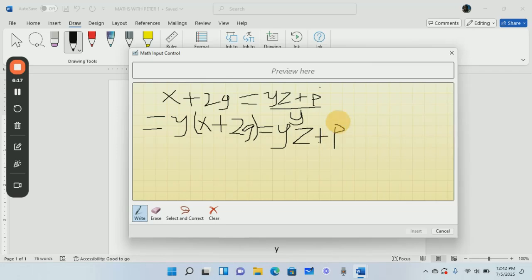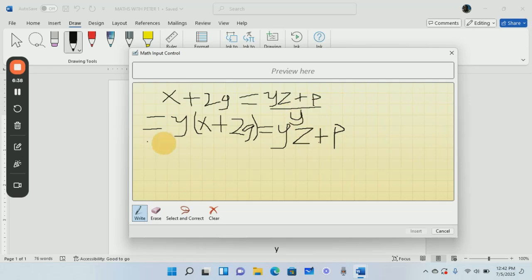When we have yz plus p all over y, multiplying throughout by y means the y will cancel all the y that we multiplied by. So we have yz plus p.